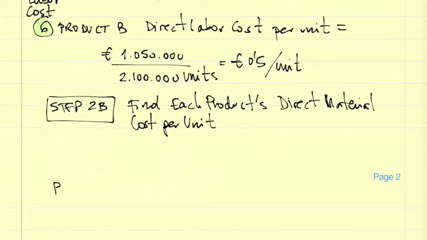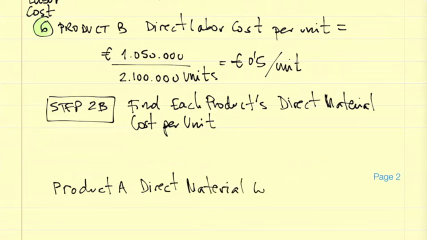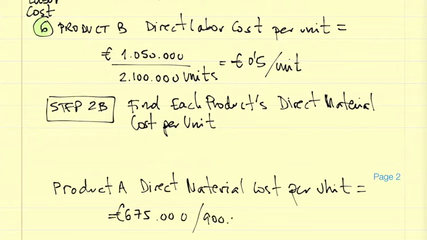Product A, direct material cost per unit equals 675,000 euro divided by 900,000 units.